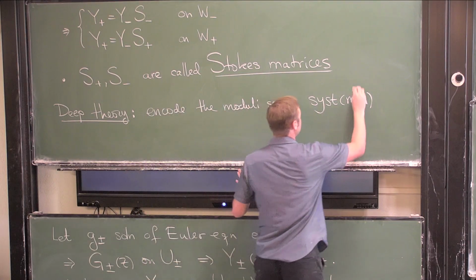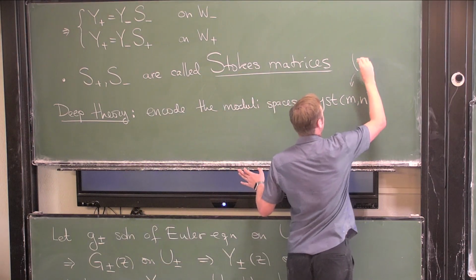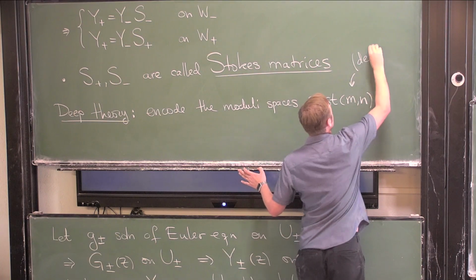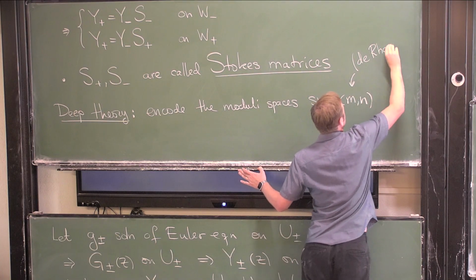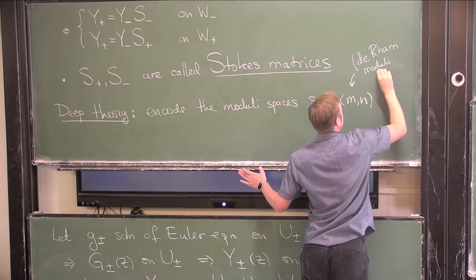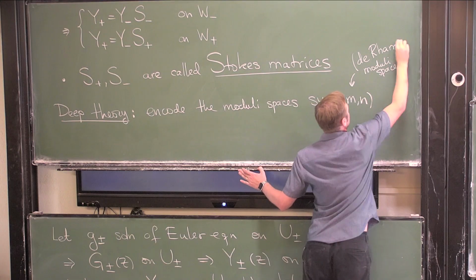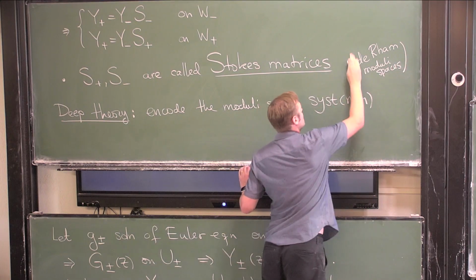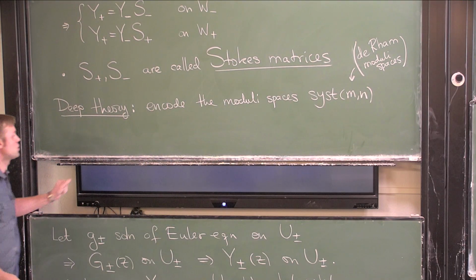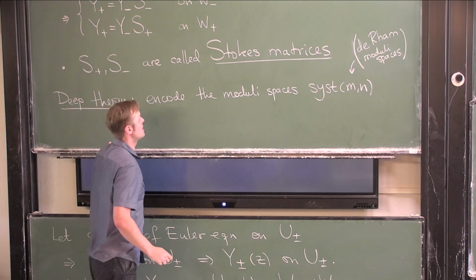These moduli spaces, by the way, are called de Rham moduli spaces. The things we've been discussing are examples of a much wider subject of de Rham moduli spaces.